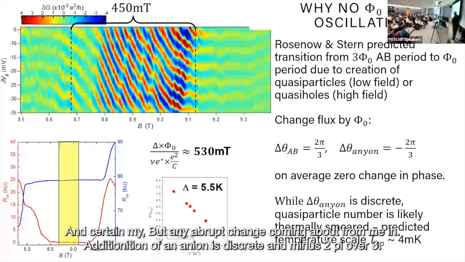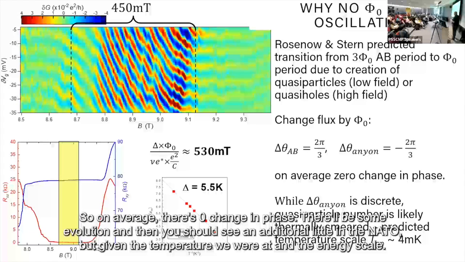But any abrupt change coming about from the addition of an anyon is discrete and minus 2 pi over 3. So on average, there's zero change in phase. There'll be some evolution, and then you should see an additional little kink in the data.